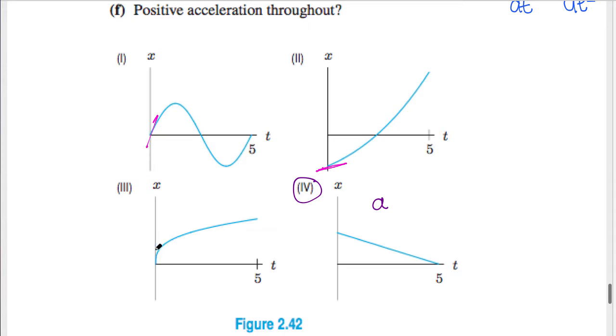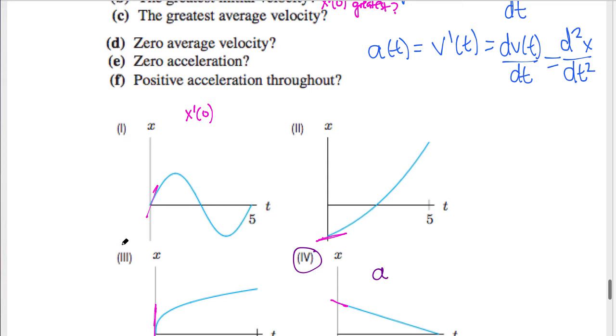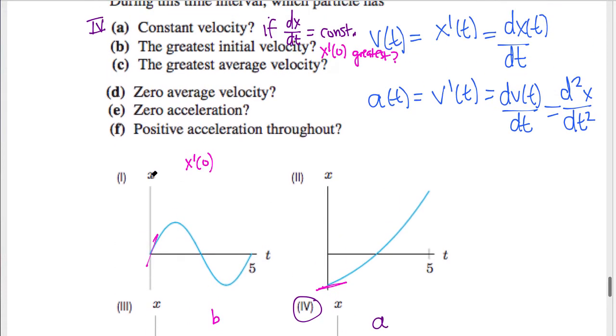And then the third graph has a very steep slope at t equals 0. Then our fourth graph has a negative slope, so that's definitely not the highest. So since this pink line here represents my x prime of 0, out of these three, it appears that number 3 has the largest initial slope. So B applies to number 3.